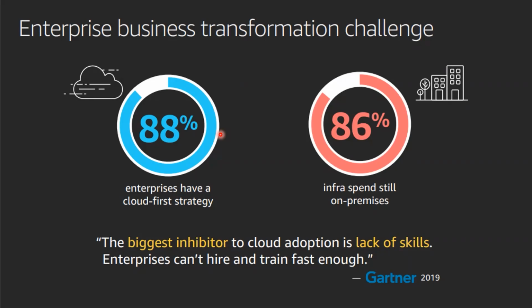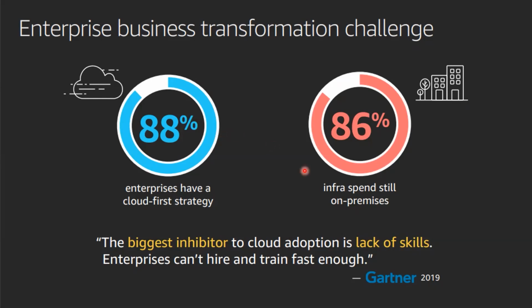And the opportunity is huge because 86% of infrastructure spend is still on premises. This is as per the Gartner report 2019.